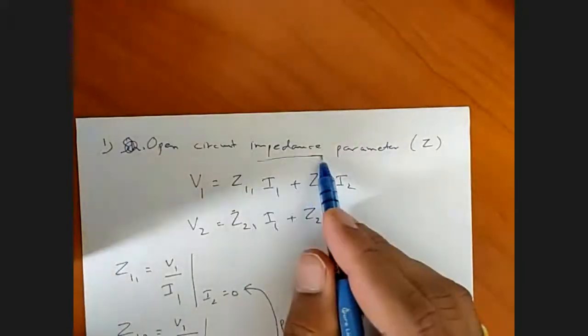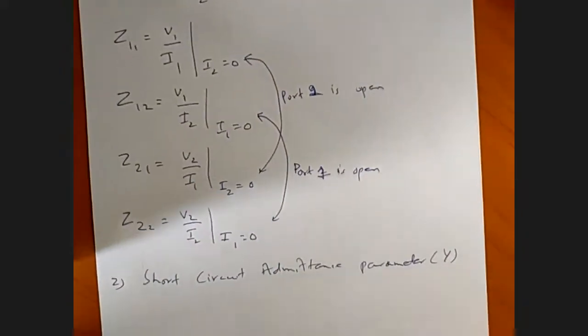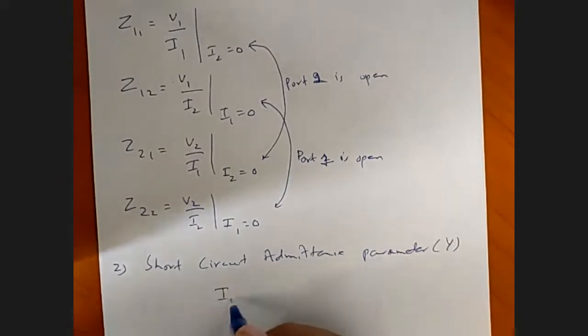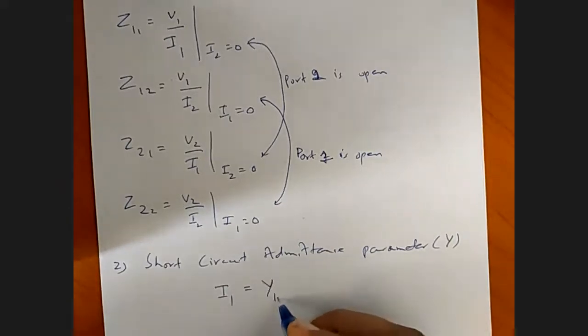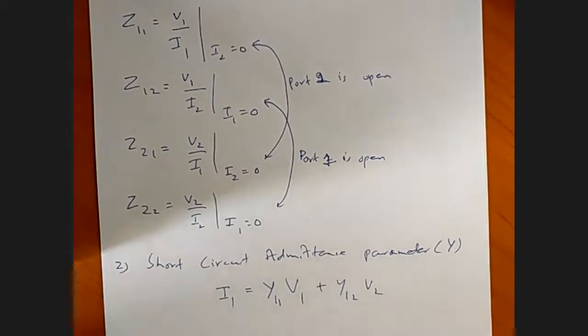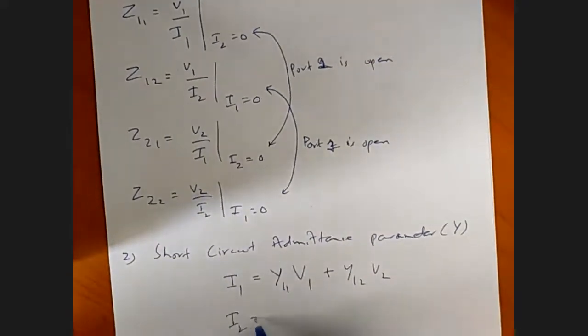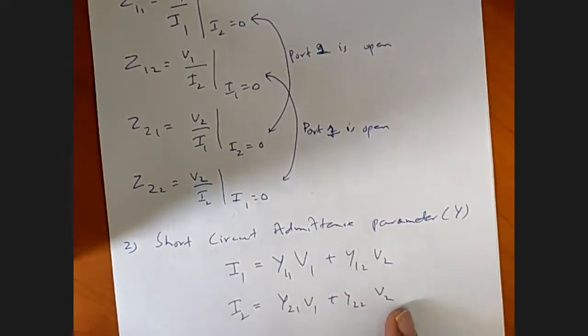Impedance is equation of voltage in terms of current, and admittance is the equation of currents in terms of voltage. So it will be I1 equal to Y11 V1 plus Y12 V2, and I2 equal to Y21 V1 plus Y22 V2. So these are your Y parameter equations.